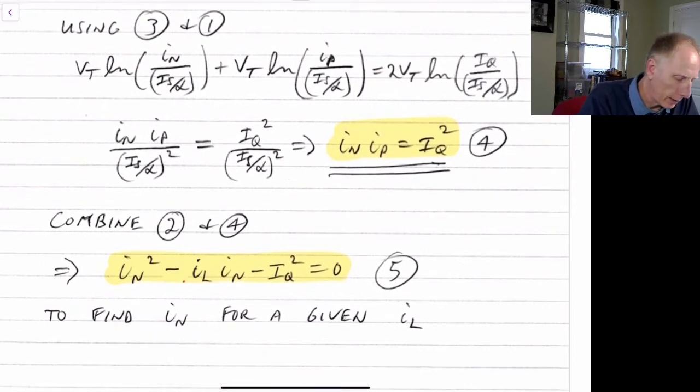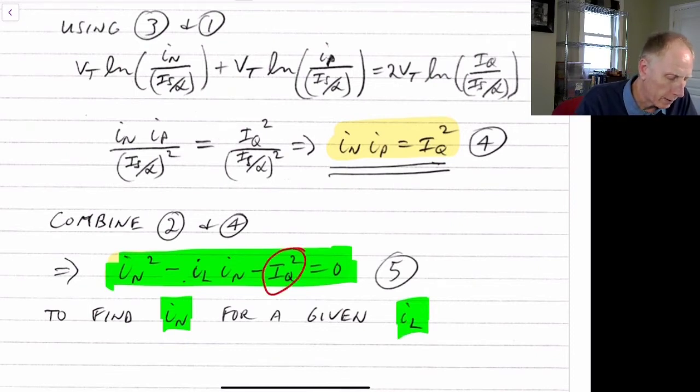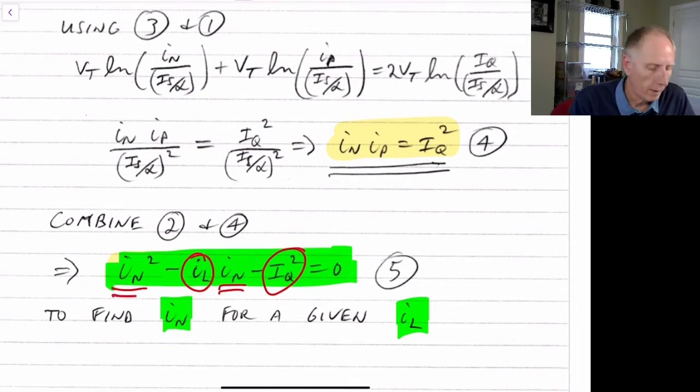And we can write out a relationship here, which basically will allow us to find the emitter current for a given load current. So if we know what the quiescent current is, and we know what the load current is, using this quadratic equation here, we can always find the emitter current in the NPN transistor.